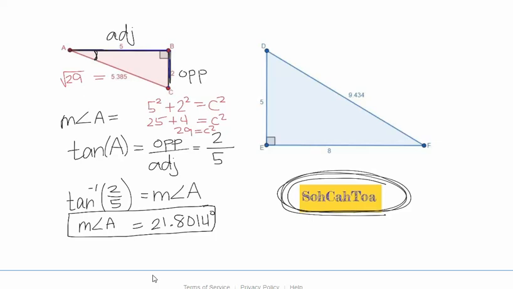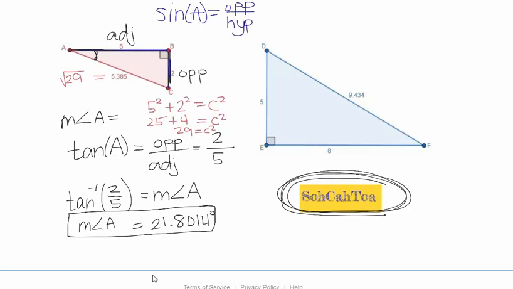So I'm just going to show you another way to do this same problem if I was trying to find the measure of angle A. So for example here, I could use sine of angle A is going to be the ratio of my opposite side to my hypotenuse, right?